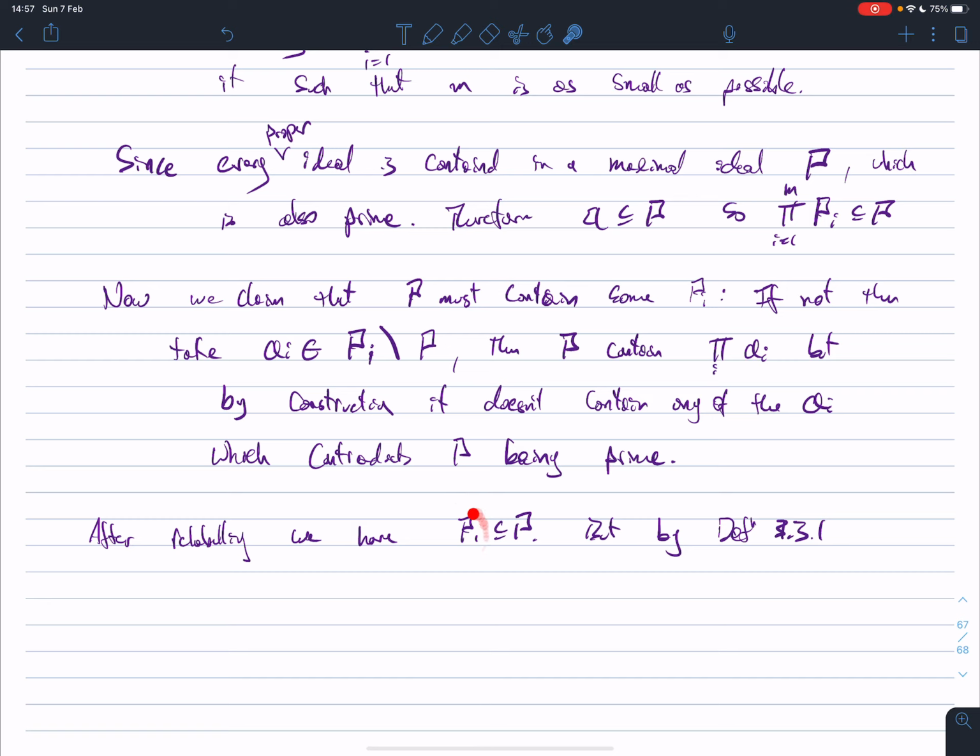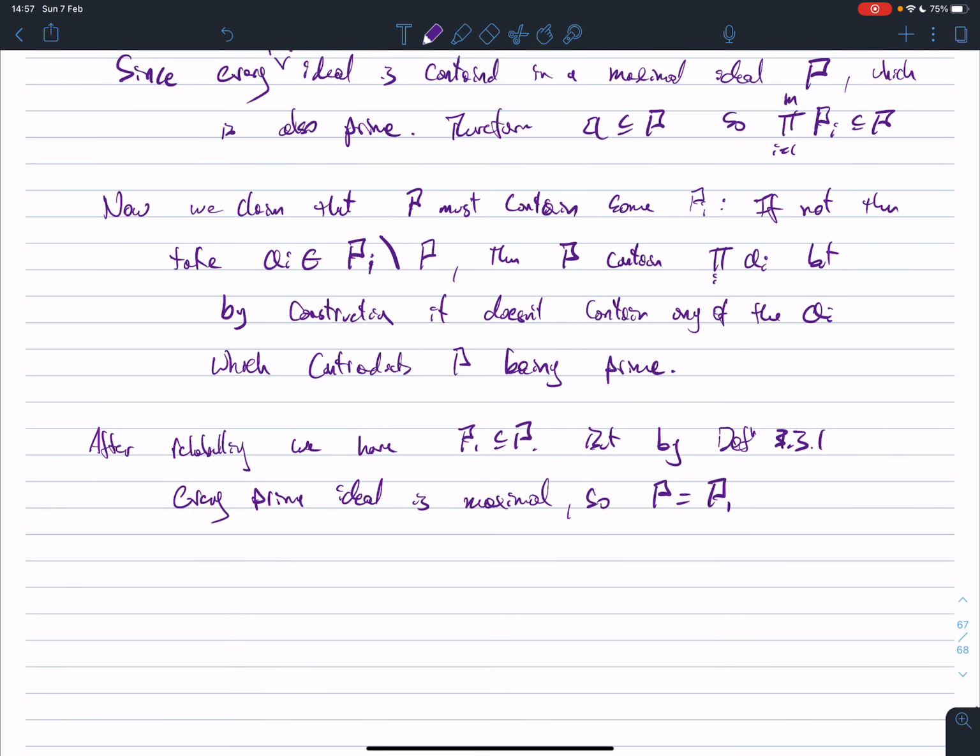So this P_1 is a prime ideal, hence maximal, and it's contained in some other ideal, so these two ideals have to be the same. By the definition, every prime ideal is maximal. So P is this ideal P_1. Great, so we're almost there.